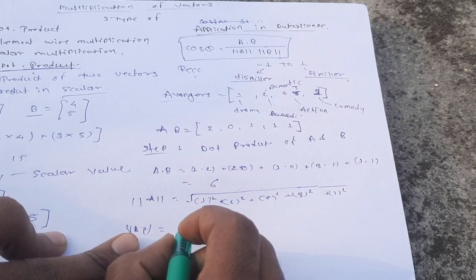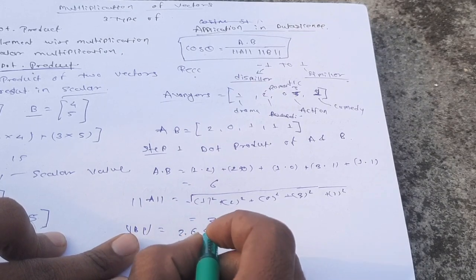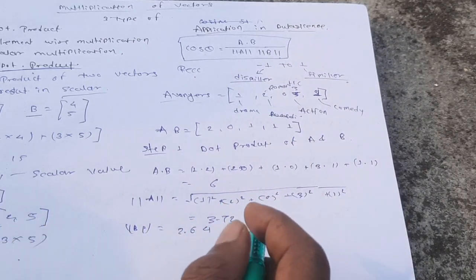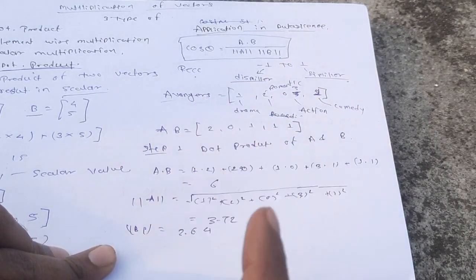The magnitude of B is nothing but 2.46, right? You calculate that the magnitude of B is exactly this.